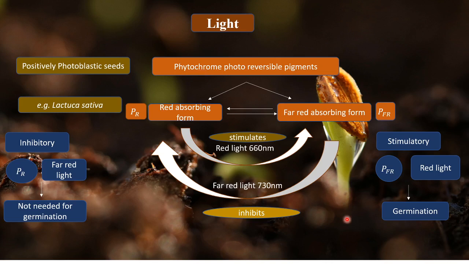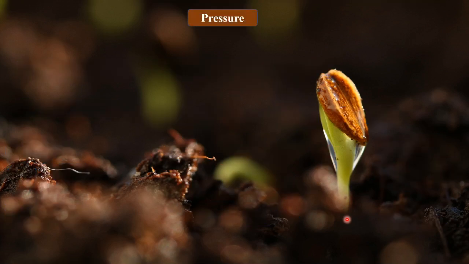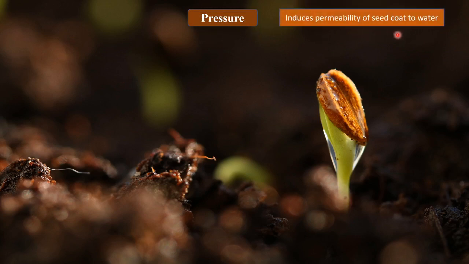Right? So now we move towards the next method, which is pressure. Pressure induces permeability of seed coat to water, right? So seed coat that is impermeable to water can be made permeable by breaking its dormancy with the method of pressure, right?